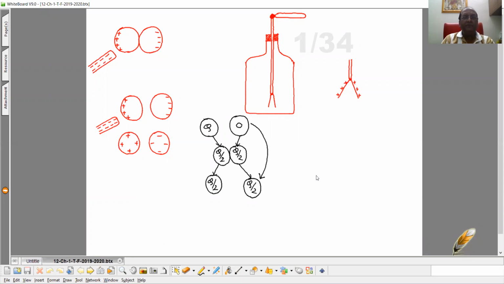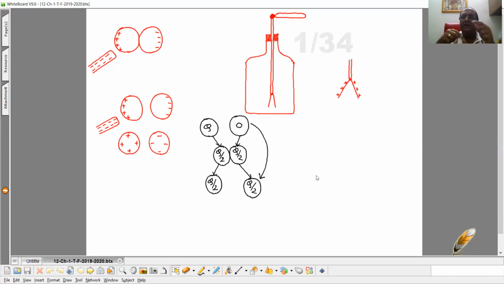Now, if we perform another experiment in which we take plastic rods in the same manner, one suspended with a silk thread and rubbed with fur, and another also rubbed with fur, and these two plastic rods are placed close to each other, then again they repel each other.